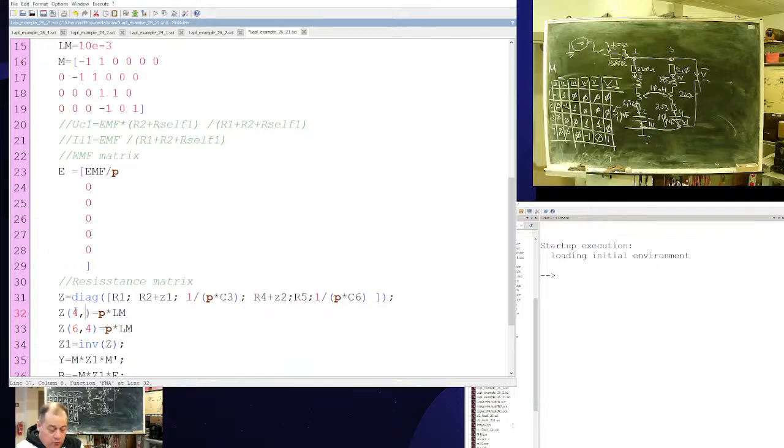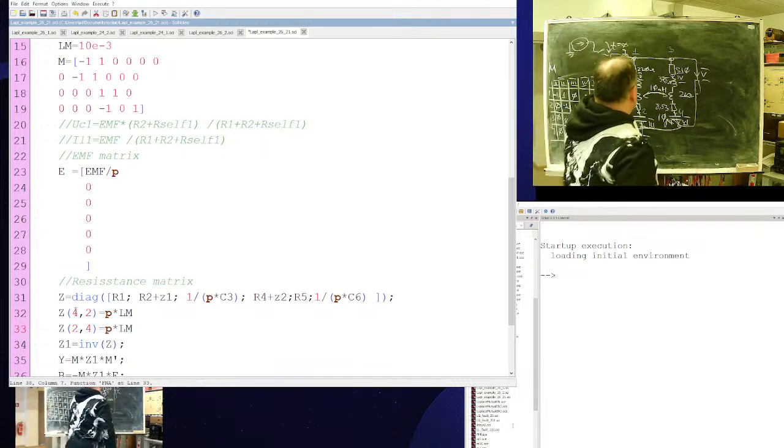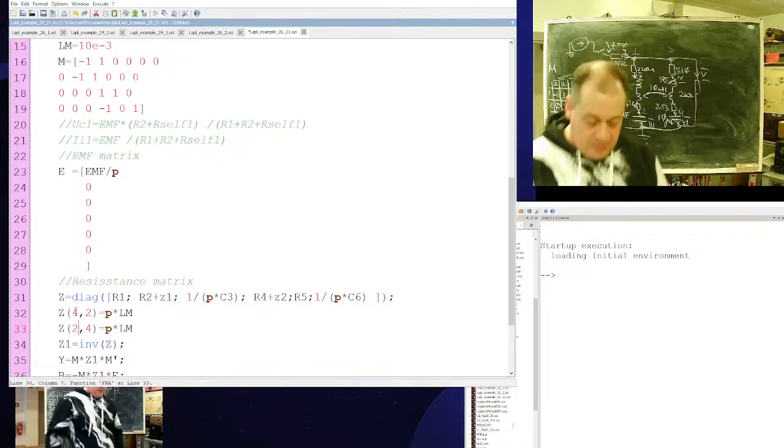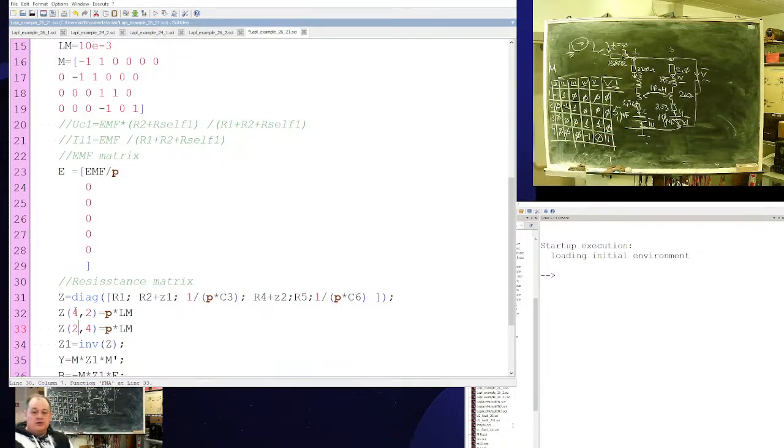So for 2, the second one, number 4. And here 10 millihenry. So I write it symmetrically.